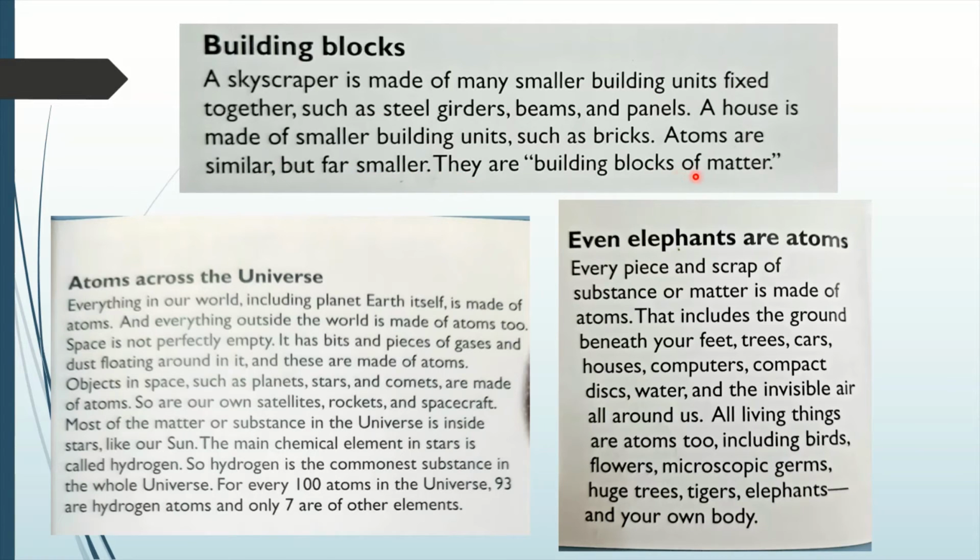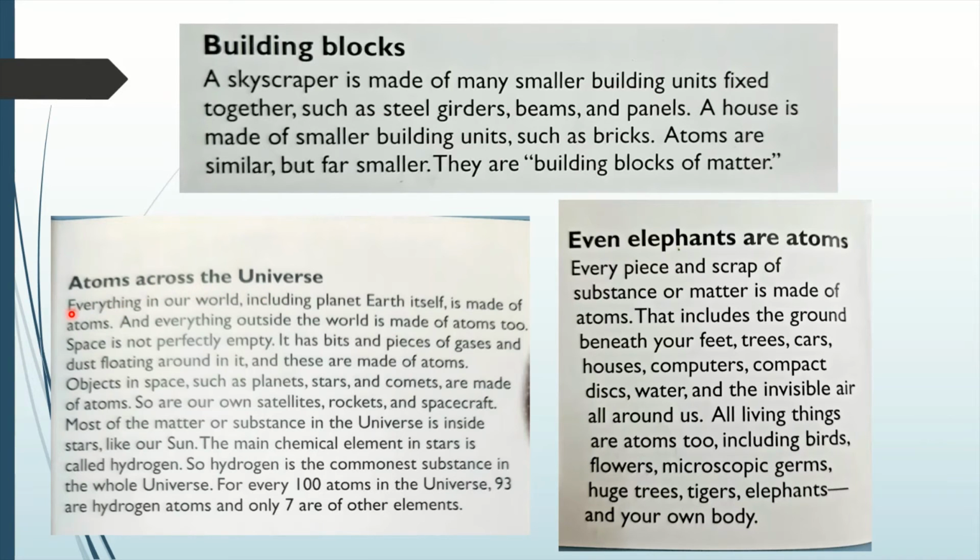They are the building blocks of matter, similar to bricks. When you make a building, you use bricks. And when you put air in a balloon, the atoms in the air fill the balloon, and then it can blow up and fly into the air.